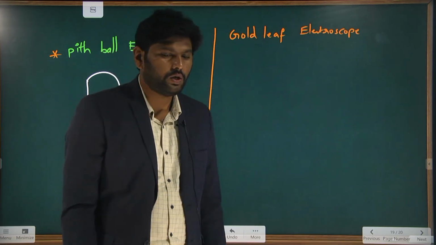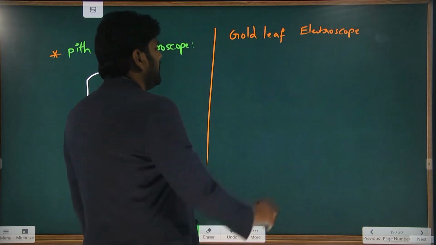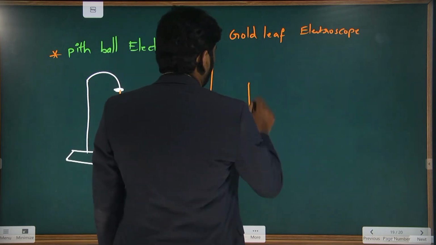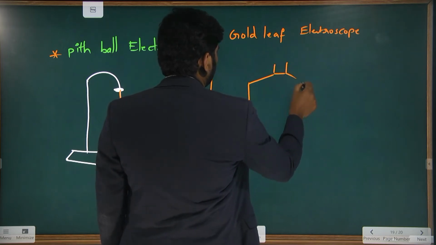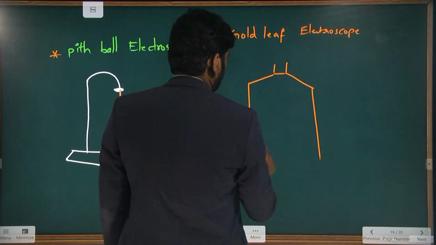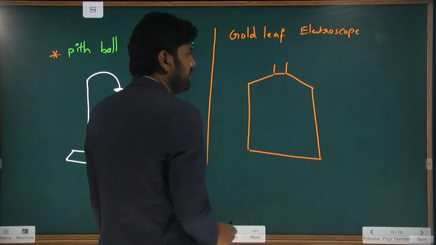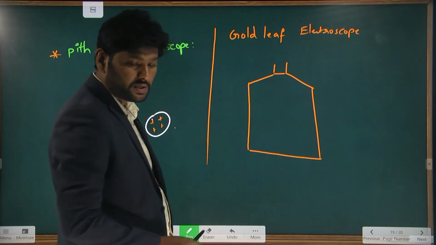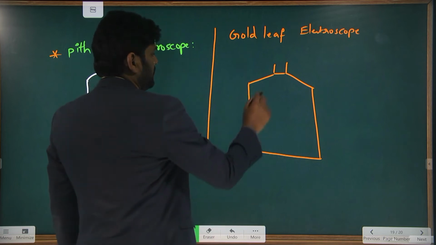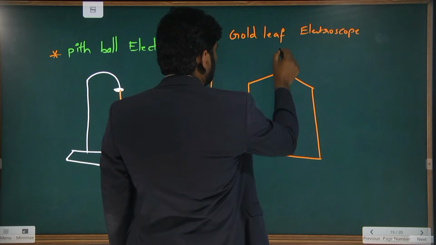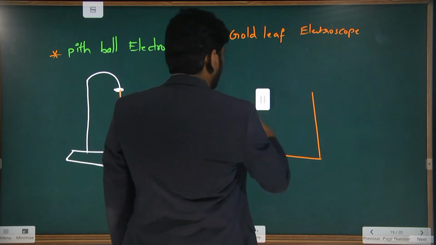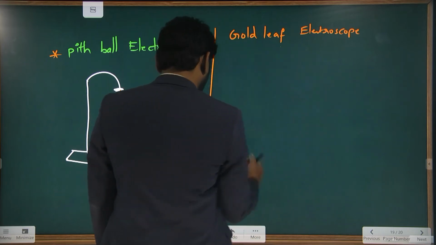In this gold leaf electroscope, we have a glass jar. So this is totally vacuum. Let me draw somewhat neatly.